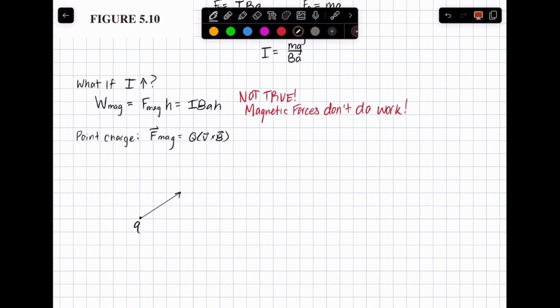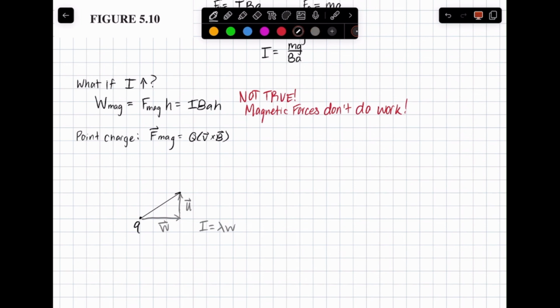This is our point charge Q. We have a horizontal component, which I'll denote as w, where it's related to the current like this. And we have this vertical component, u, that is the vertical velocity that we're moving.